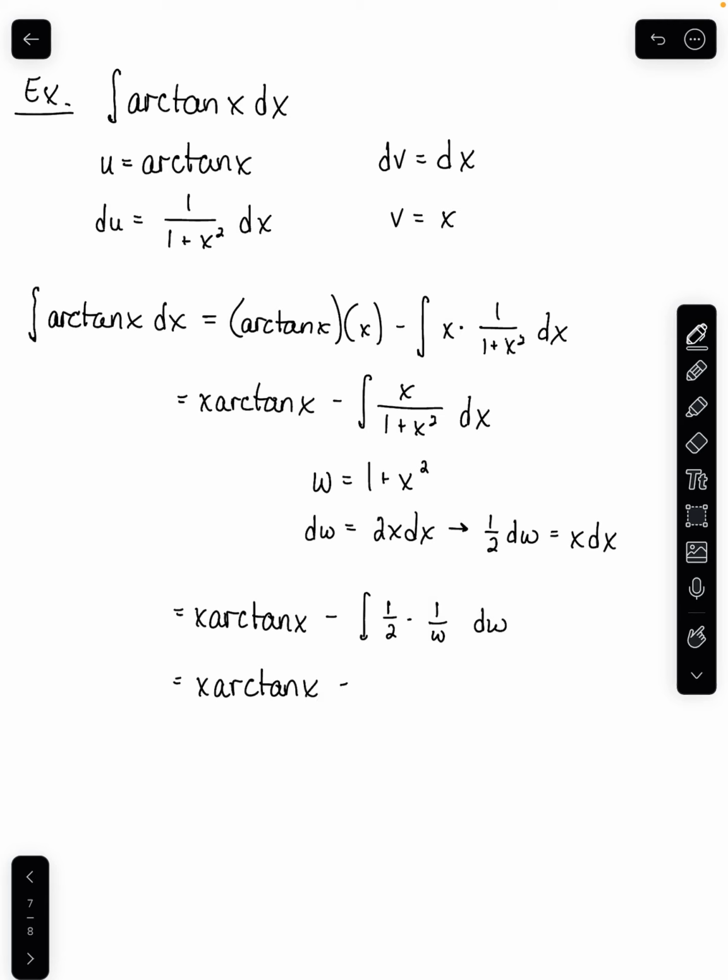Let's get that 1/2 out of the way. No, excuse me, we actually don't even have to do that. We can leave this as 1 over w dw, because then it's going to turn into the natural log of w.